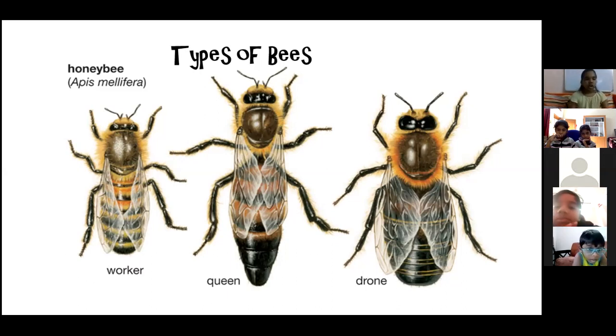So the first job is to clean the hive, the wax cells. Even a cell that a bee was put in and hatched from will be cleaned and used for another bee. So the first job is to clean.